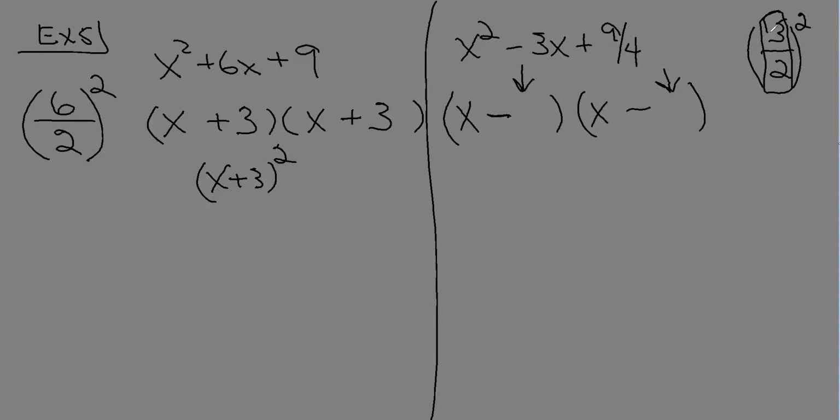So this is going to be 3 over 2 and 3 over 2. That is your factorization of x squared minus 3x plus 9 over 4. And again, you can write it as x minus 3 over 2, squared.